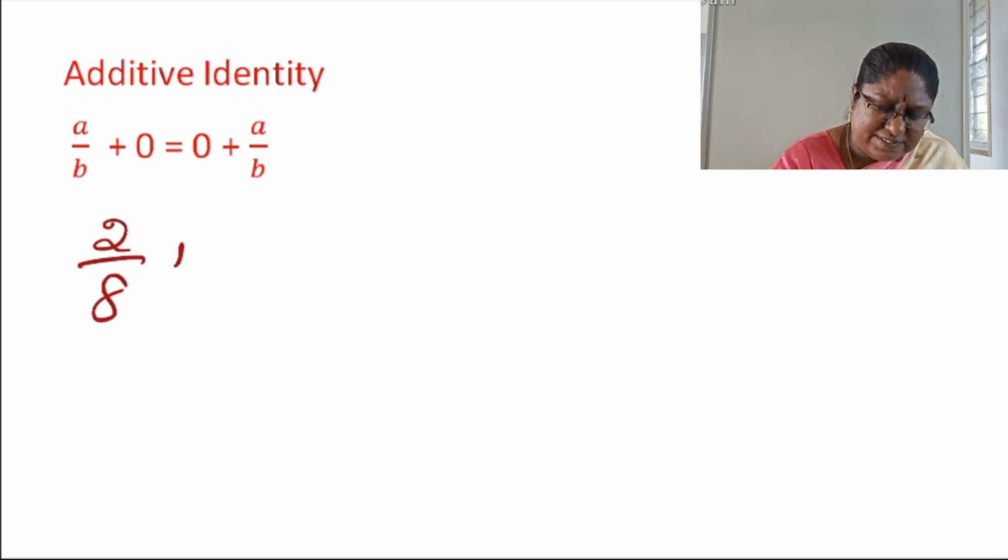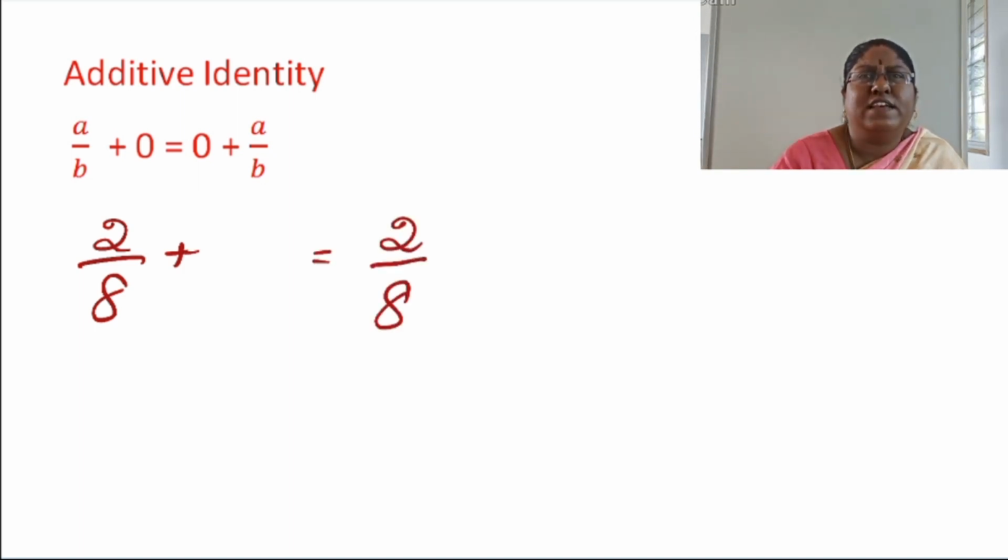Now, additive identity. What's additive identity? You are all wearing ID card. It's for what purpose? That you are the one person here, like you, none another there. So, one number I am taking. Suppose you can say 2 by 8. You are adding with some number, but the answer also I should get as 2 by 8.